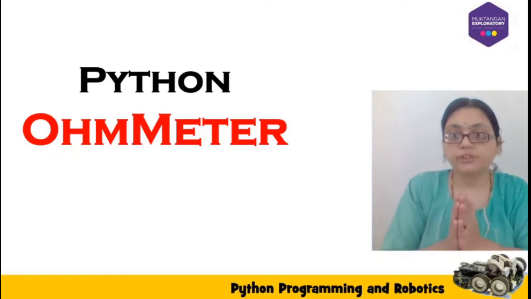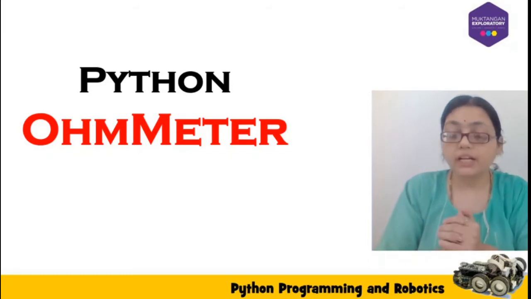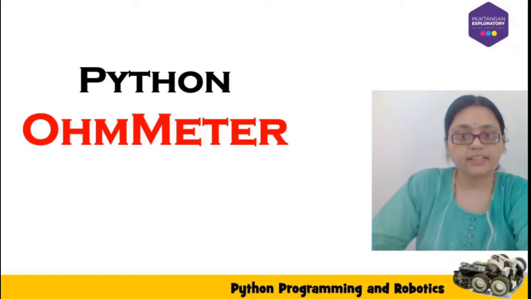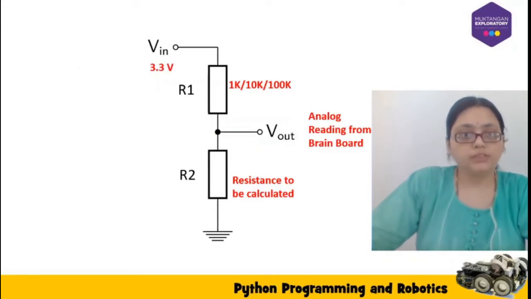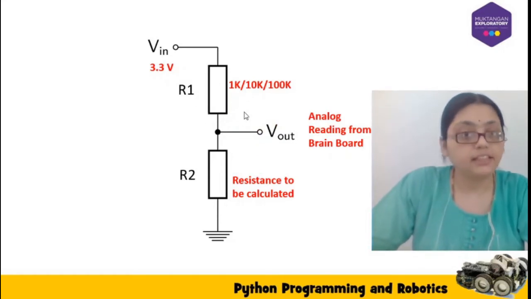Project, the first step would be to design a circuit. And before designing a circuit, let's have a look at which circuit we are going to use in this project. We are going to use the voltage divider circuit for this project. So this is the voltage divider circuit, in which this is R1, the fixed resistor that we have to decide.